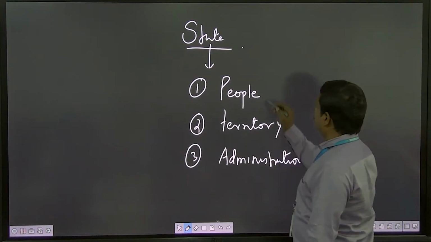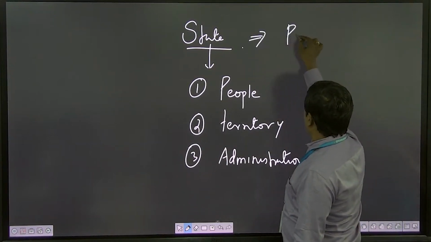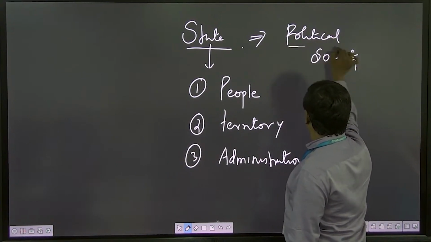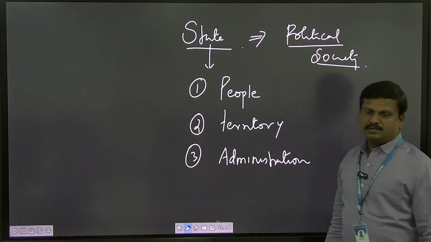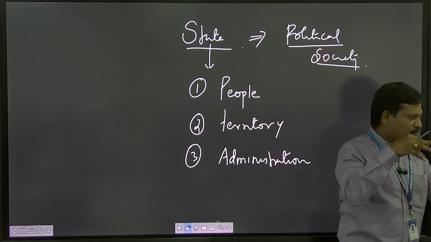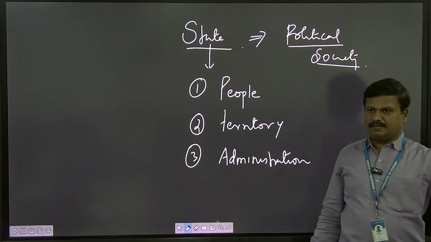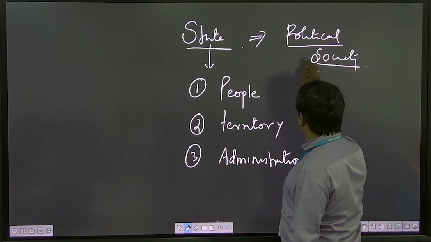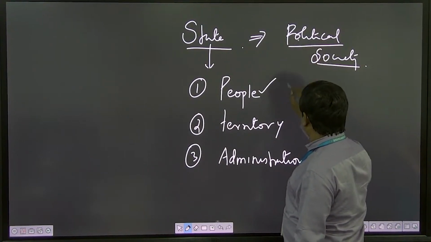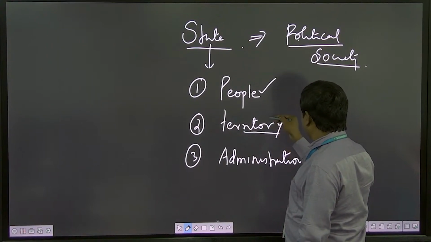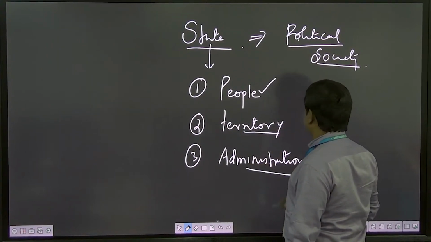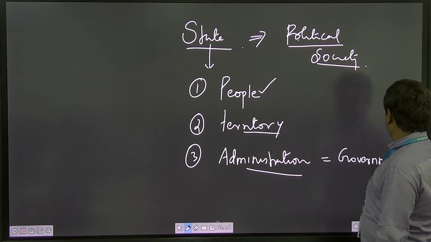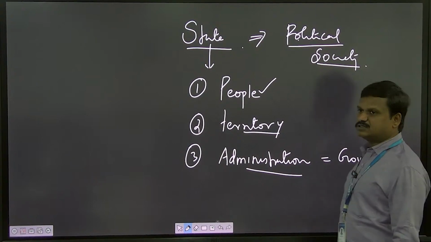State refers to a political society. In the larger society, there is one political society. So that political society always contains people. Politics is not just about people, it is about territory, it is about administrative system. So this is what is called as government.